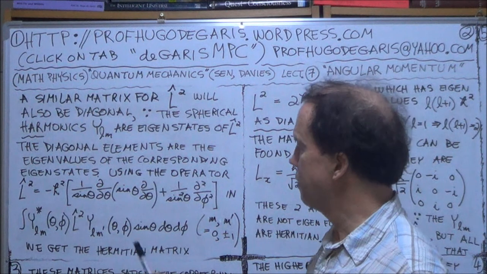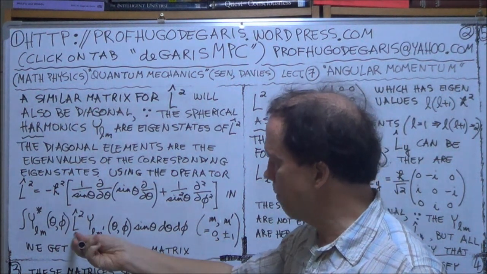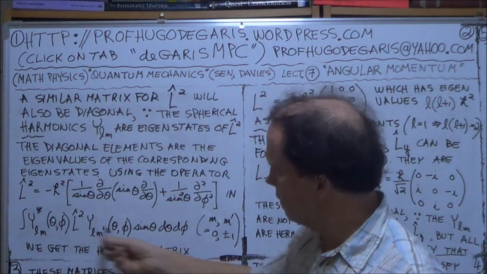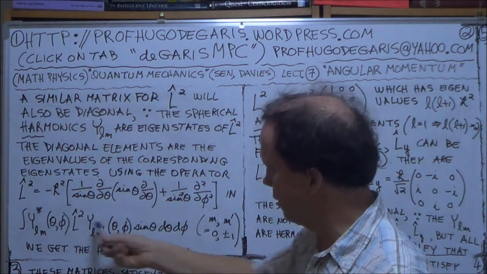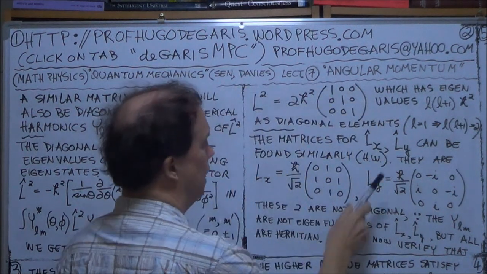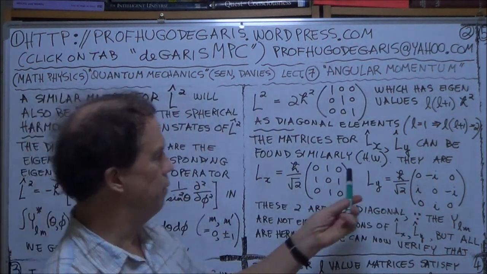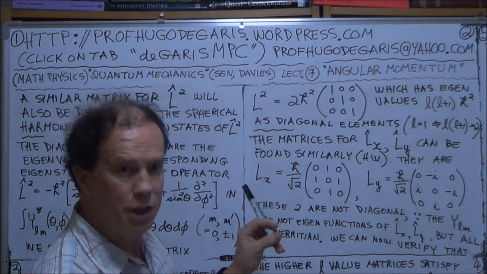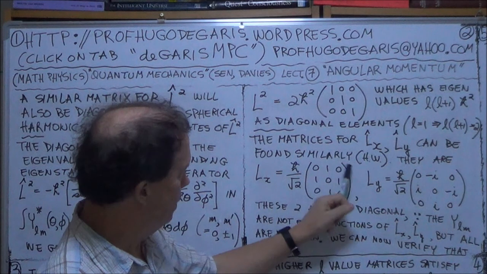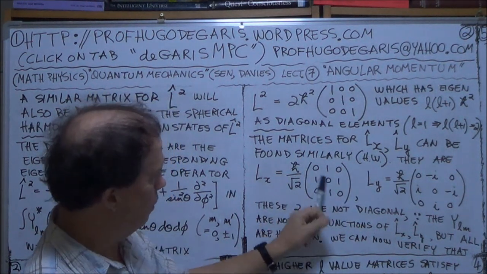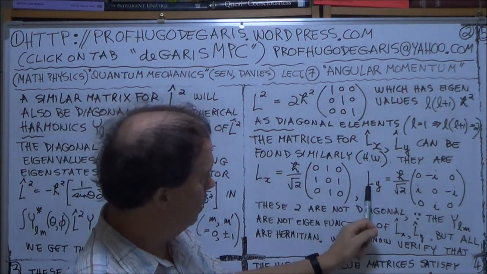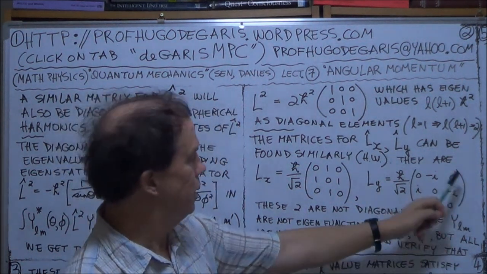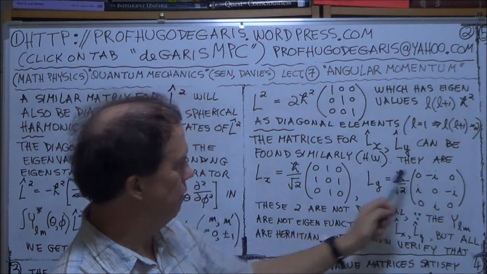So you can put those, Lx and Ly, here and calculate what it is. I ask you to do that for homework. It's a bit of work, and you find the matrix representation of Lx is this, non-diagonal. And similarly for y, you'll get this with complex elements in the matrix.